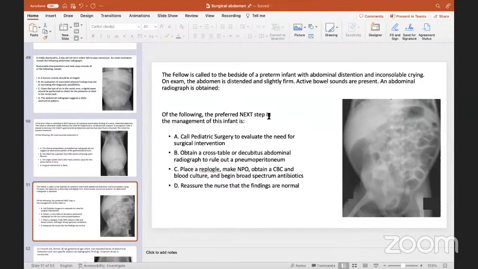B, take a cross-table or decubitus abdominal X-ray to rule out pneumoperitoneum. C, place a replogal, make baby NPO, obtain CBC, blood culture, and begin antibiotics. And finally, D, reassure the nurse that the findings are normal. So which one will be the next step you do?